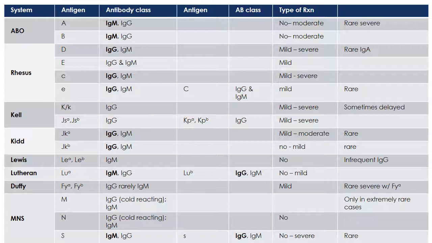Also, you have to remember that the antibody produced against the antigen has to be of the IgG class because it has to be able to cross the placenta. So knowing which class of antibody is produced against that antigen, we know what the risk is for HDFN.